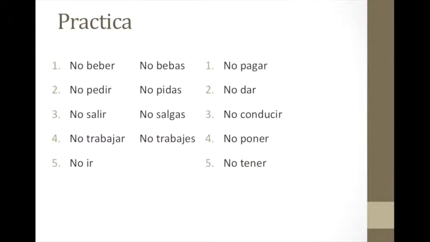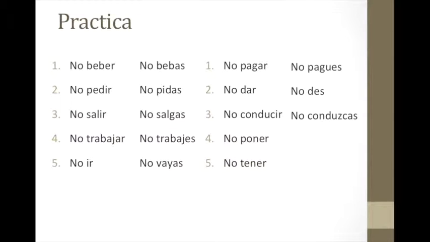Ir, we remember, is irregular in the tú command form, no vayas. Pagar is a -gar verb, so it's going to have a spelling change, no pagues, but an ES ending because it's an AR verb, the opposite ending. Dar is irregular as well, no des. Conducir is an irregular yo form as well. It is yo conduzco. So when we start with yo conduzco, we drop the O and we add the opposite ending.